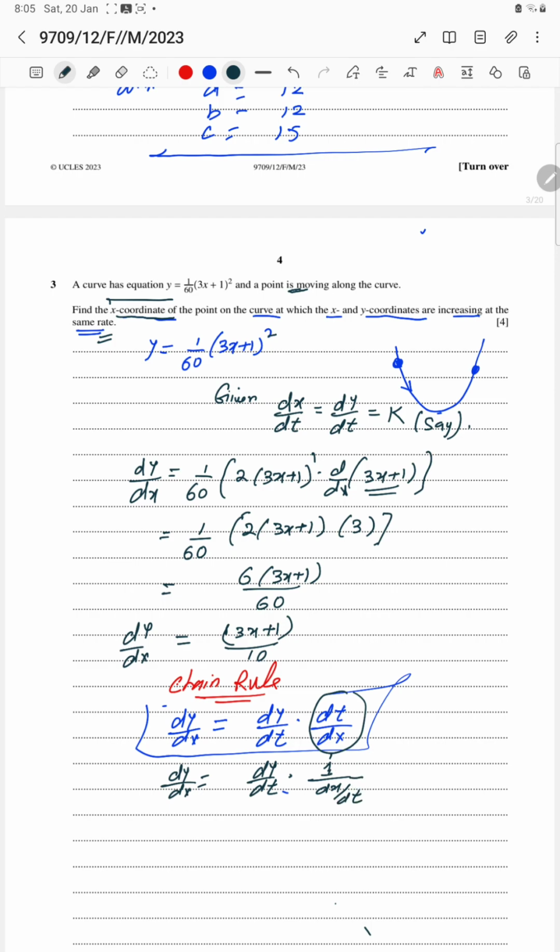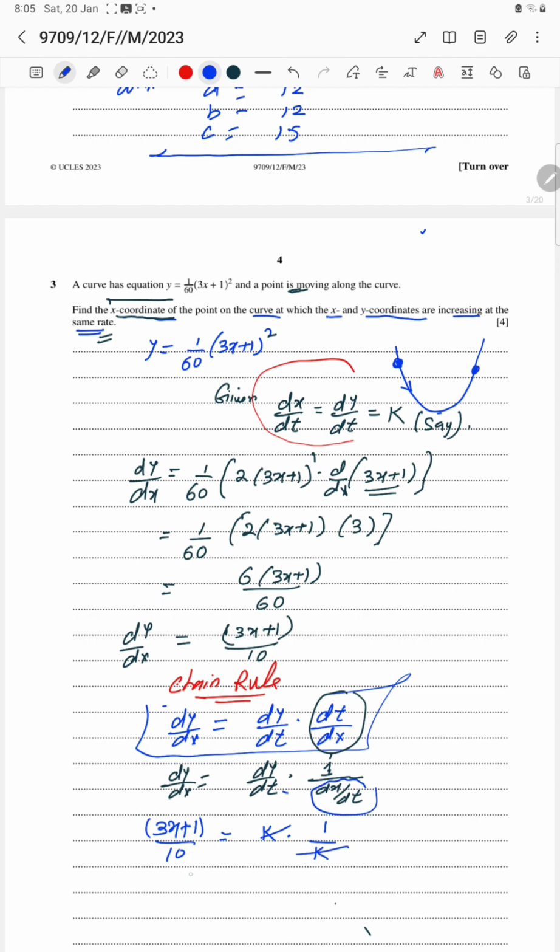Right, we can write it because we have the values of dx by dt here. So finally, dy by dx is what? Substitute the values: (3x plus 1) over 10 is equal to, this was k, we supposed it, and this is 1 over k as well.